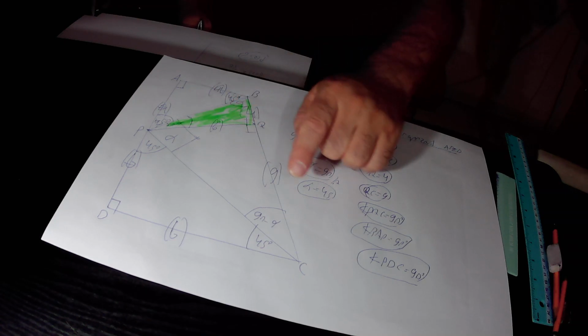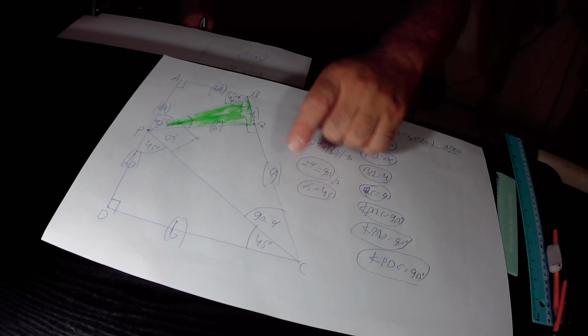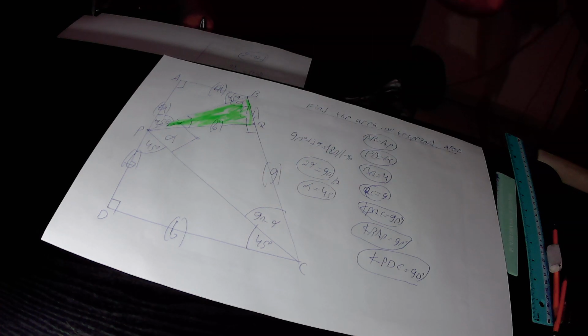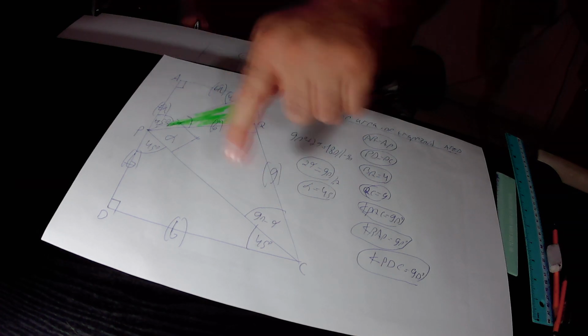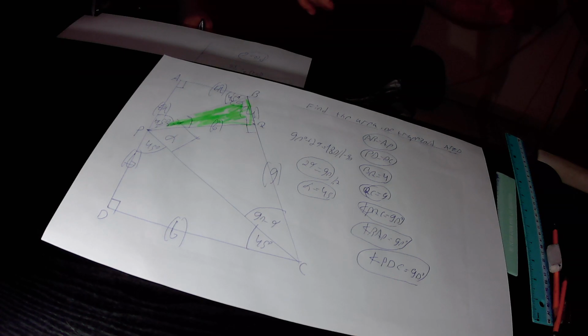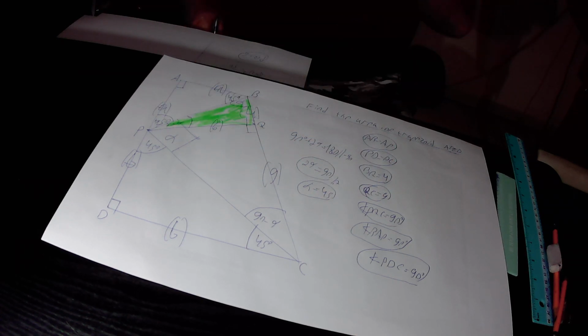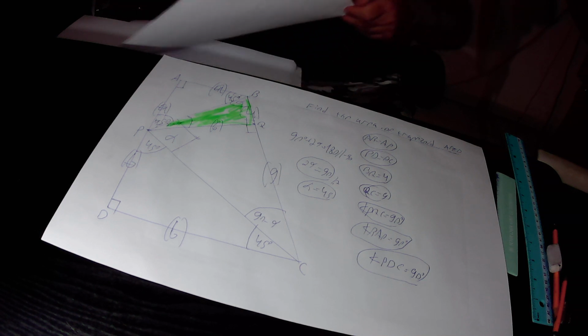What is the value of PC square? We focus on the right triangle PDC. According to the Pythagoras theorem, on the right triangle PDC, PC square equals B square plus B square, that is 2B square. So PC square equals 2B square.